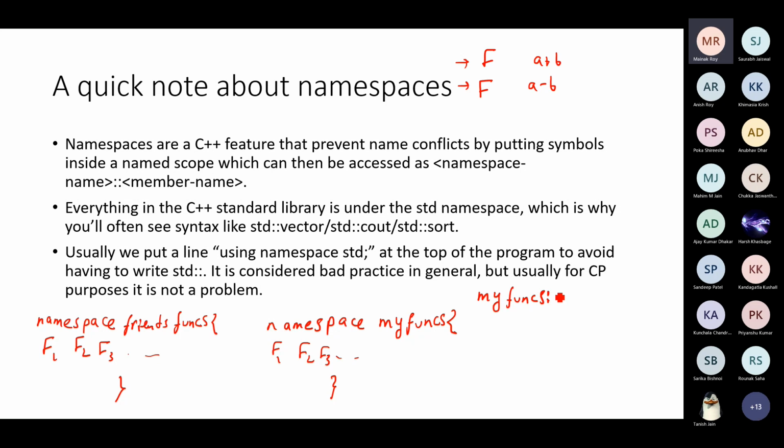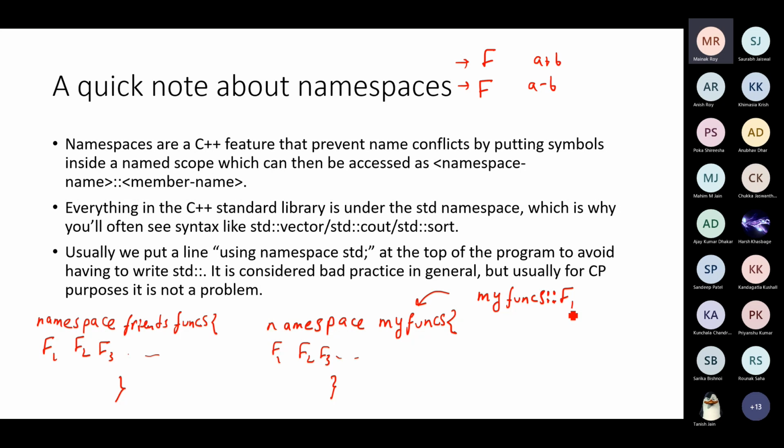Then you have to use this operator, which is called the scope resolution operator. A detailed explanation of this would be kind of irrelevant here, but it just allows you to say that this function f1 that I'm using belongs to my funcs. It is my function f1 that I'm referring to.